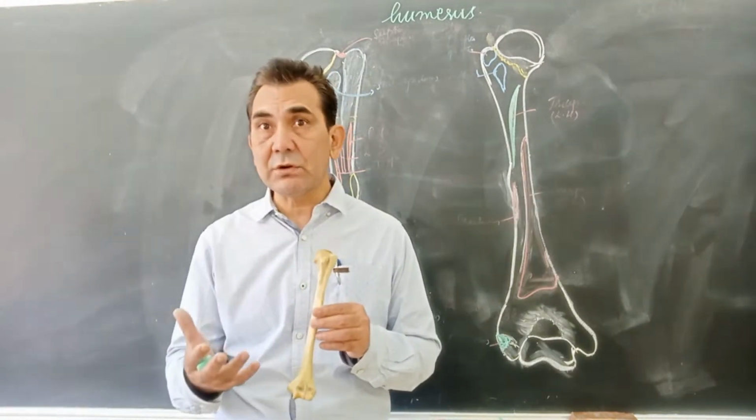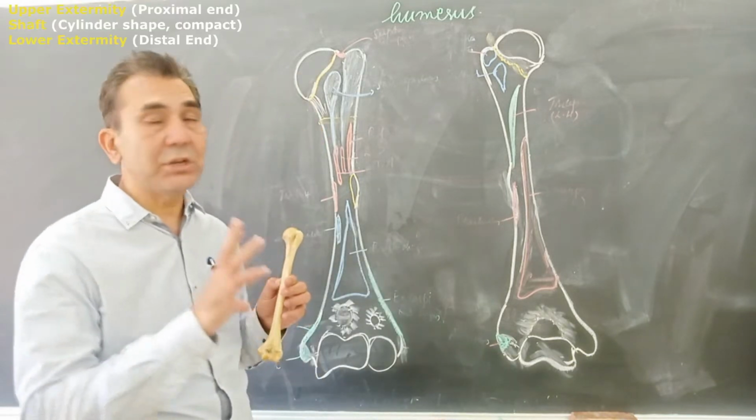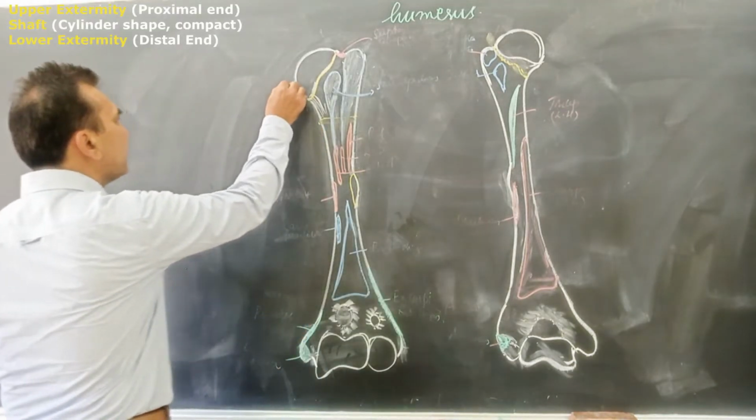What is the characteristic of a long bone? A long bone has three portions.